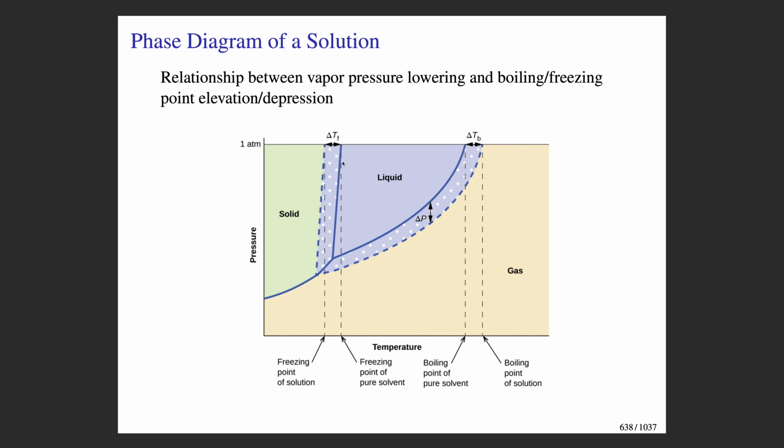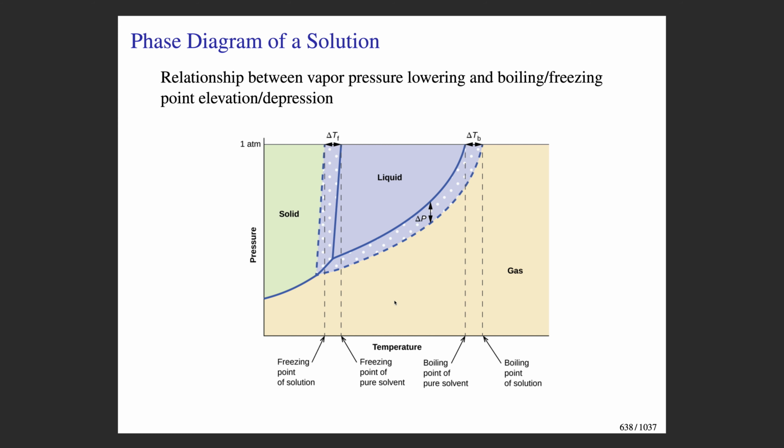Let's take a look at the solid lines first. So on this side of that region, the solid phase is the most stable. In between these two regions here, the liquid phase is the most stable, and then below this solid line here, the gas phase is the most stable.